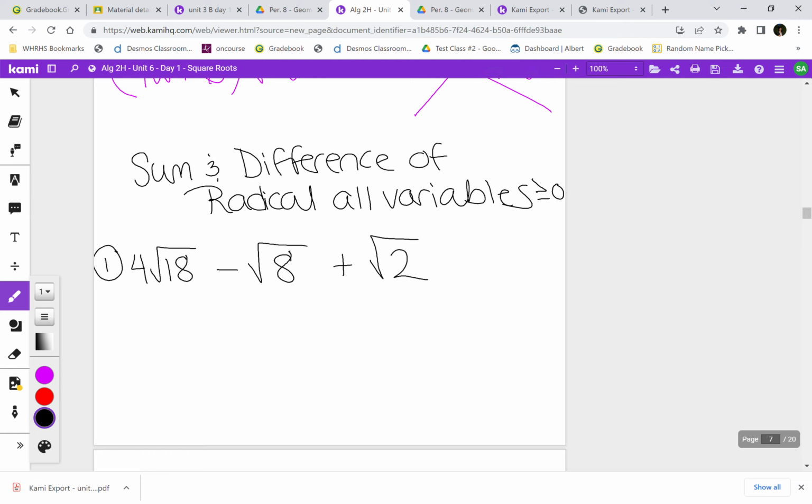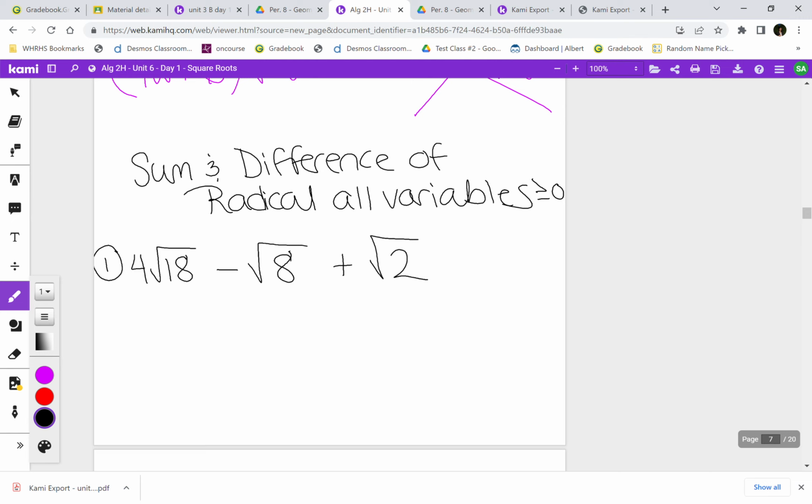We could only add radicals if what? Their radicands are the same. We could only add radicals if their radicands are the same. What do I mean when I say radicand? Ariana? Good. What's in the radical? What's in the root? Right now, can I add any of these? No. But can I simplify any of these? Absolutely. Before we decide if we can add or not, let's simplify them.